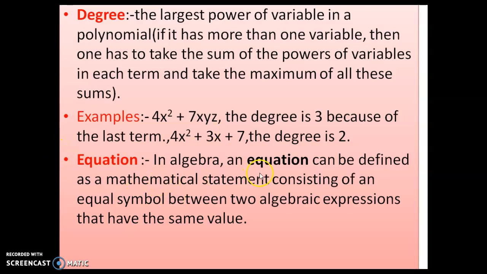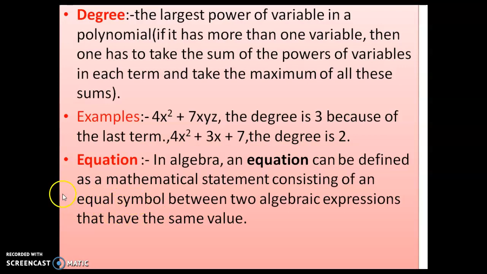So when we say equation, we saw this as an algebraic expression, simply a combination of constants, variables and operators. We will call it an equation when we have an equal to sign. Okay, equal symbol is there, means we will call it an equation.